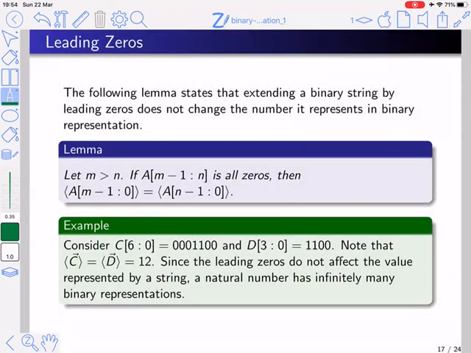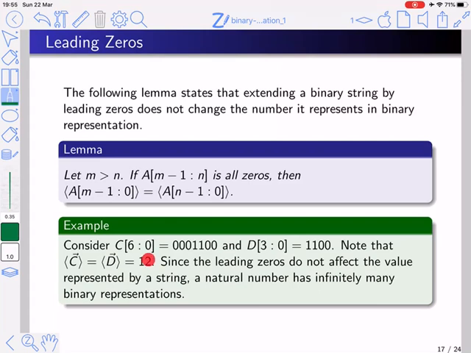Okay. What happens when we perform concatenation? Consider the following example. I have the string D, that is 1, 1, 0, 0, and I extend it by 3 leading zeros, 0, 0, 0. So now I can ask, what is the number that is represented by D in binary representation?